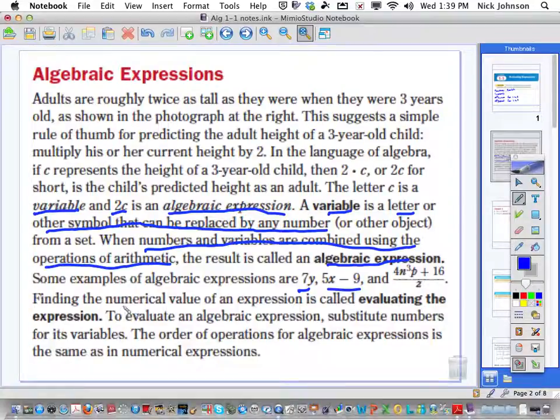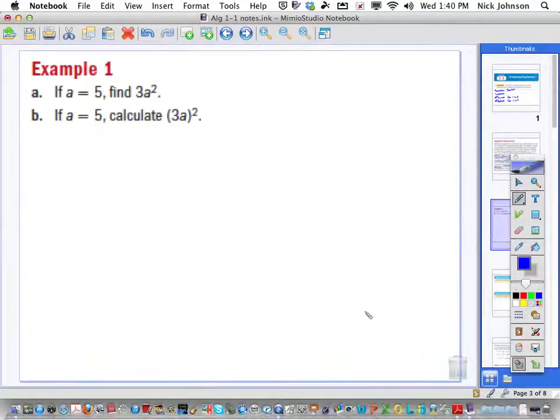Finding a numerical value of an expression is called evaluating the expression. So in order to evaluate an expression, you have to know the number you're putting in for your variable. And then you follow your order of operations. I'll show you this in the next slide.